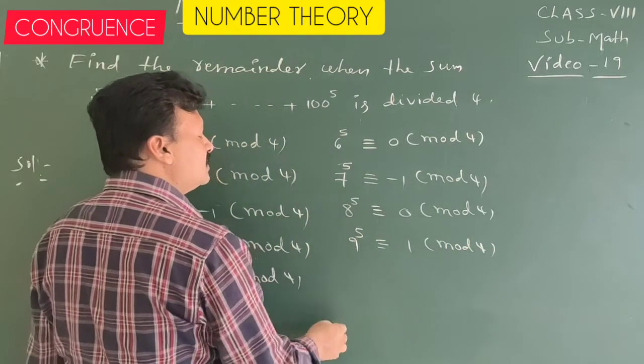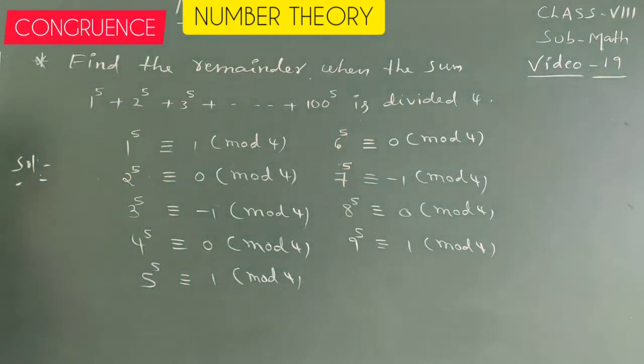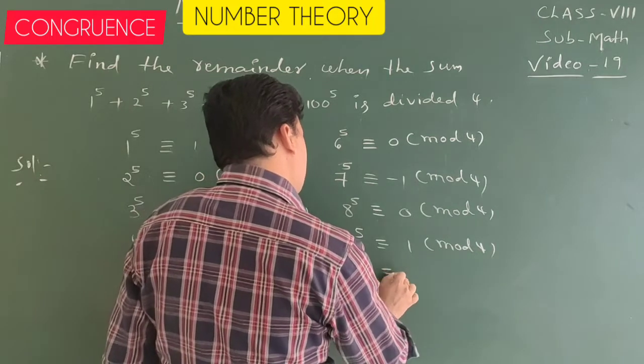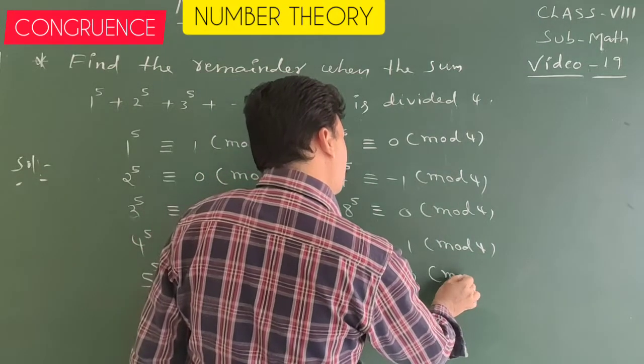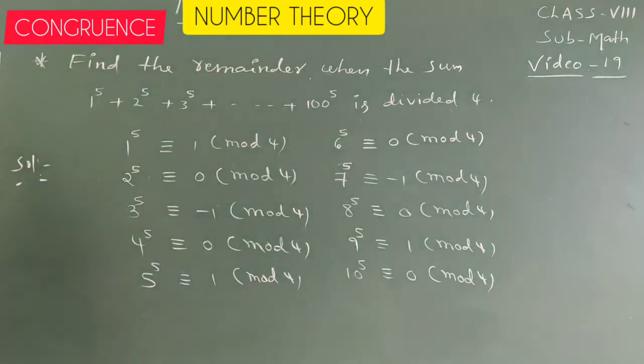Power 5 on both sides, then we will get 1 only. Next, 10 is congruent to 2 mod 4, so 10 power 5 is congruent to 0 mod 4. In this way our expansion follows.